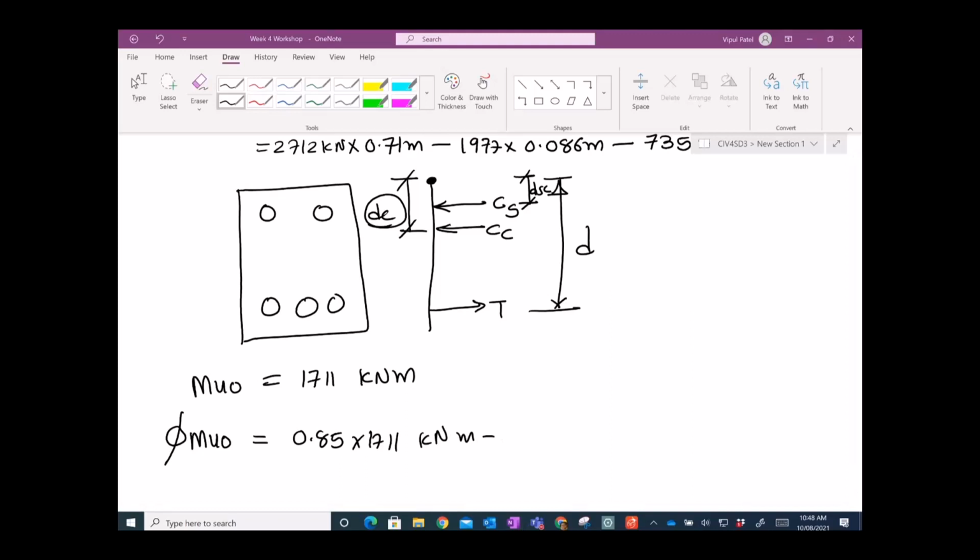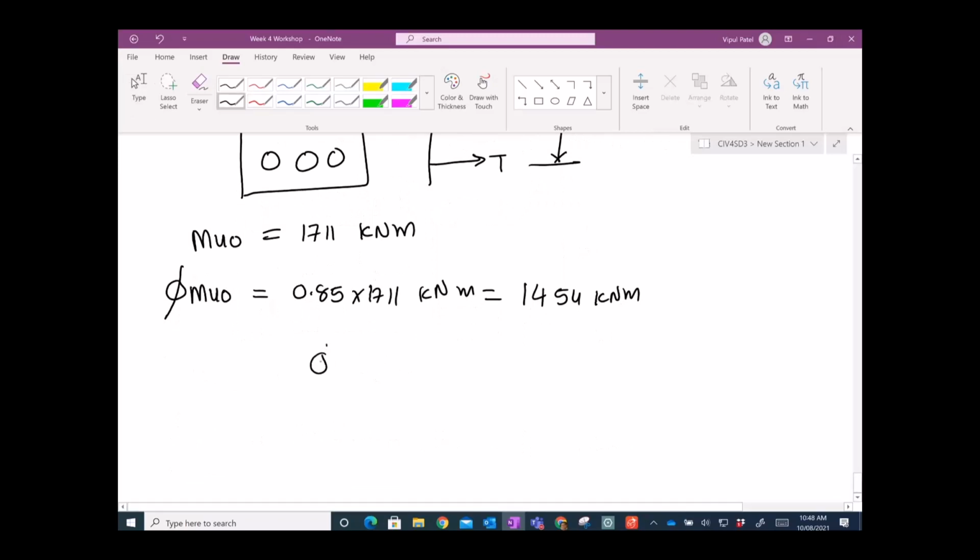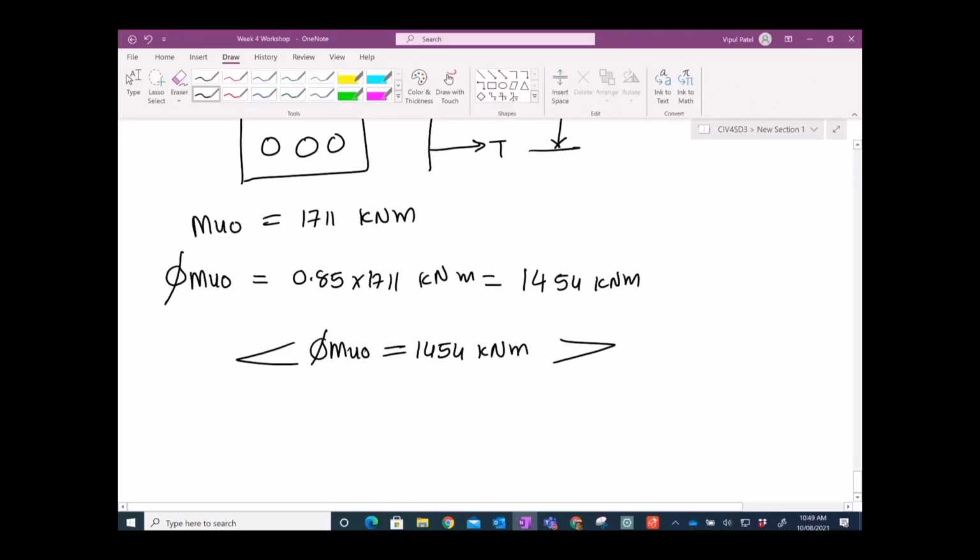So you just have 1711 times 0.85. So you get 1454 kilonewton meters. So I hope you understand that phi Muo is within the two examples, same kind, to demonstrate those capacities. So I hope you understand. We have taken 3 examples total in reinforced concrete, doubly reinforced.